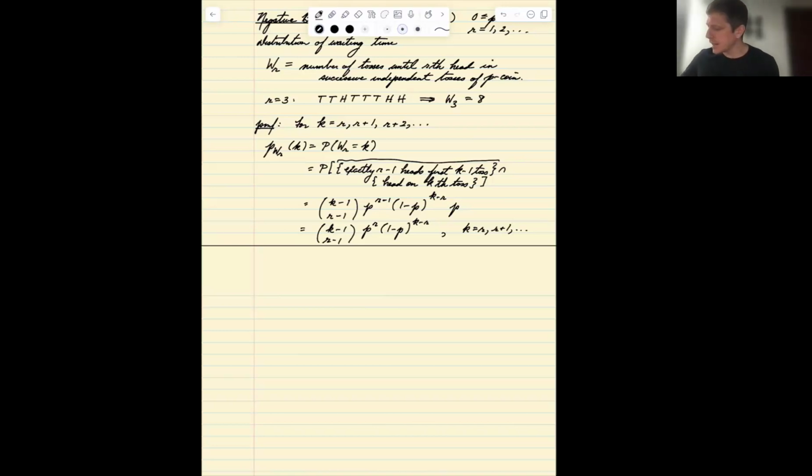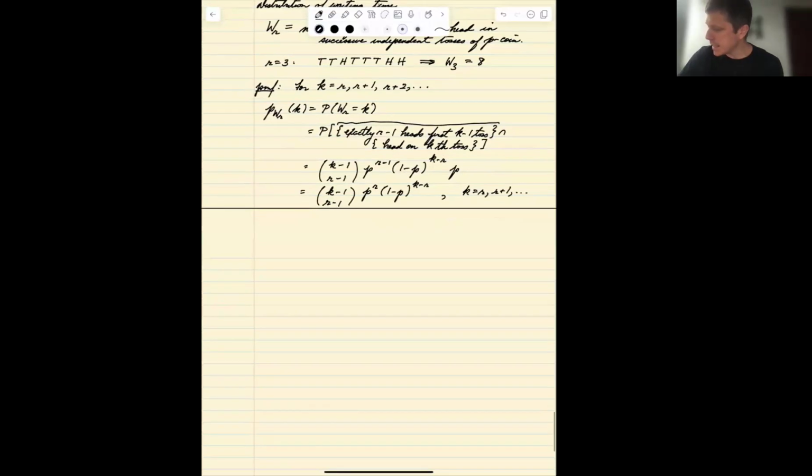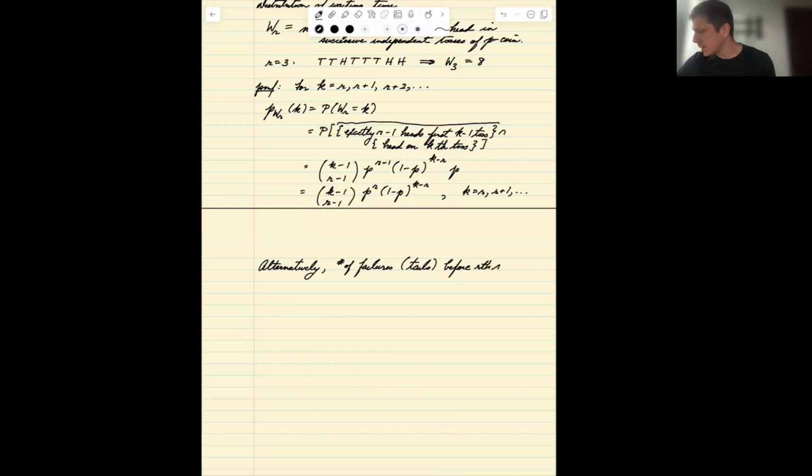Another way to think about this, though, is not as the number of tosses until the rth head, but as the number of tails before the rth head, the number of failures before the rth success. And the rth success is a head.